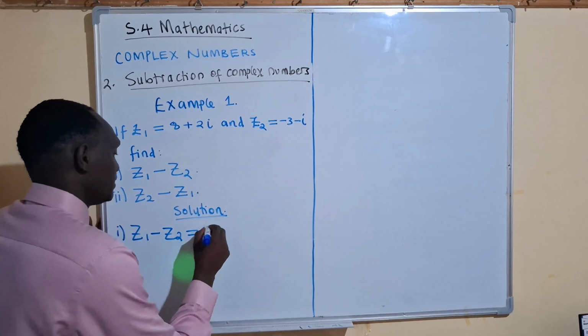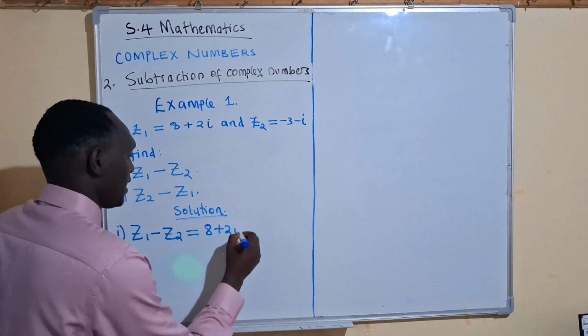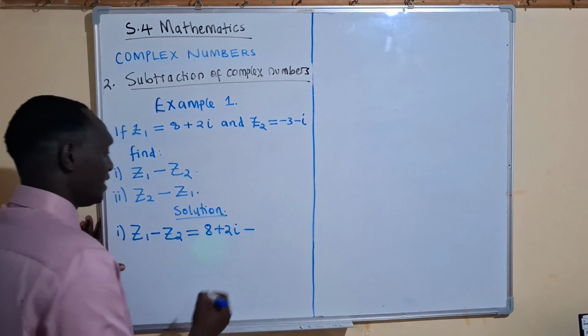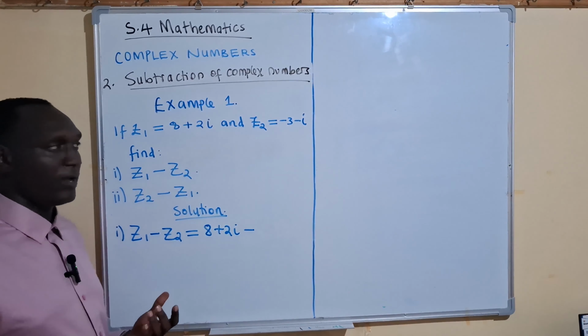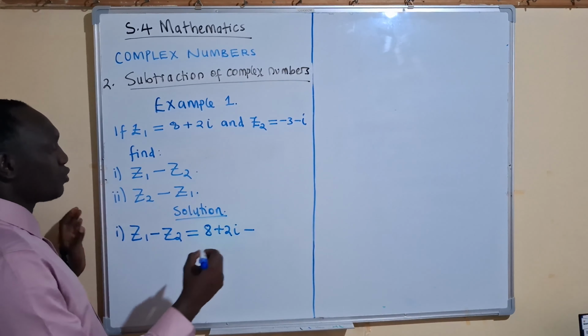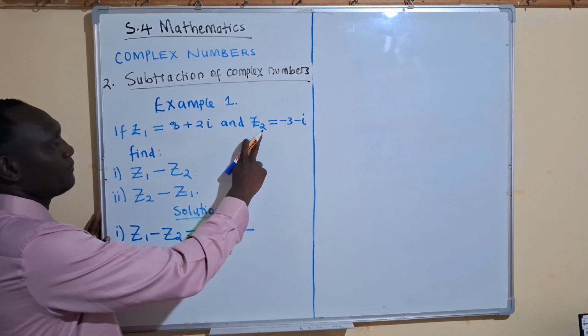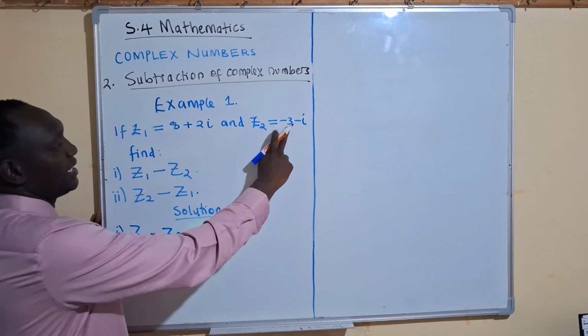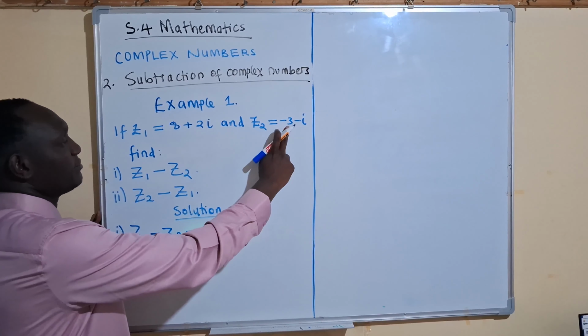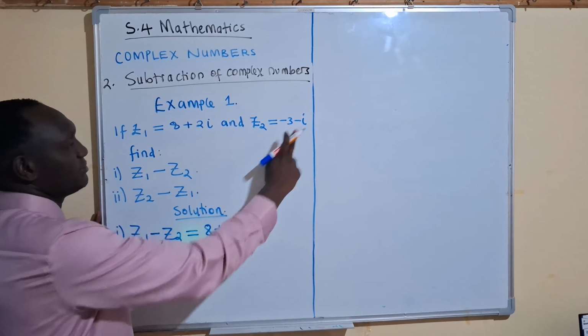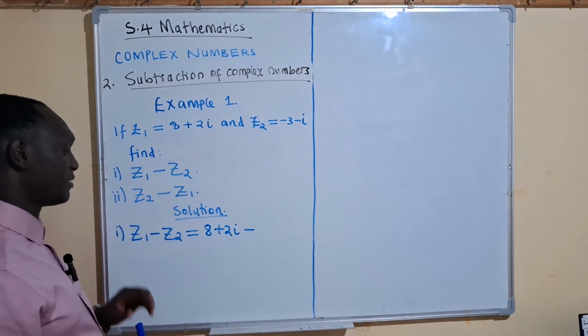So what is z1? It is 8 plus 2i minus, if you are subtracting away two or more terms, and by that I mean, if you look at z2, it has two terms. The first term is the term of the real part, and the other term is the term of the imaginary part.